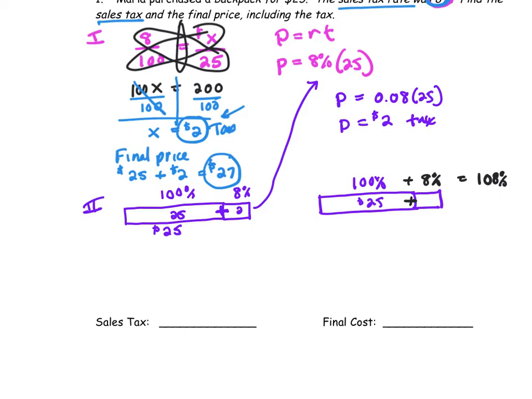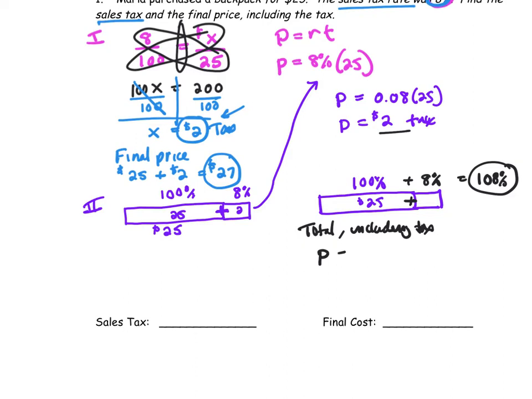So if they ask for the total, including tax, we have choices. We could find the tax, like we did on the first method, and add it to the $25, or we could use this percent if they ask for the total including tax. So this equation would look like this.